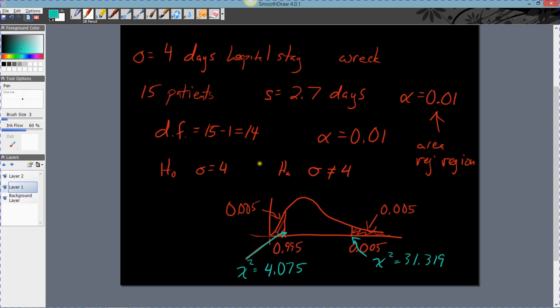So now we're just going to figure out our test statistic and see, hey, is this somewhere in the middle, in which case we don't reject, or is it in one of our two rejection regions? The standardized test statistic is chi-squared equals n minus 1 times s squared over sigma squared.